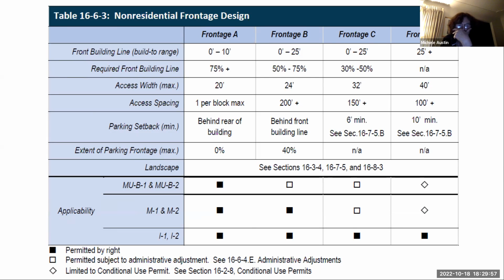Specifically with regards to the access spacing, instead of one per block max, could there be any consideration that it might be, instead of per block, like one for every, I don't know, I'm thinking of some of the smaller properties, the ones along Old Hampton or even Broadway, that if they've been redeveloped, oftentimes, especially if you're in frontage A, the parking's behind the rear of the building, you're going to need access for cars to get there.